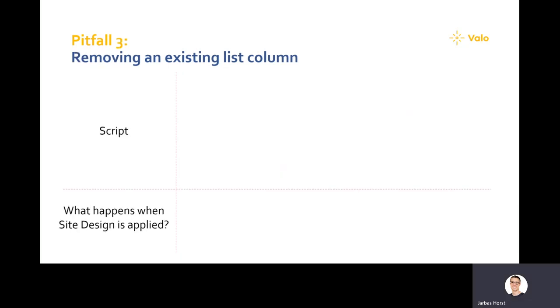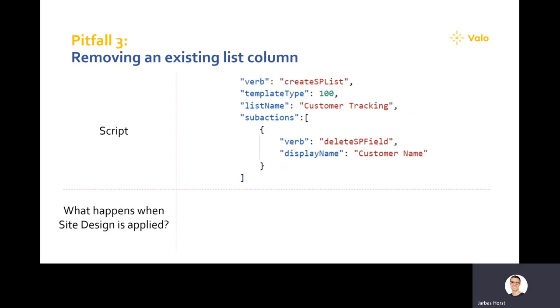Now, the next pitfall is about removing an existing list column. And this is my script. I want to remove the customer name column from the customer tracking list. I have 2 of them. So what happens if I do that? I may remove the wrong column.